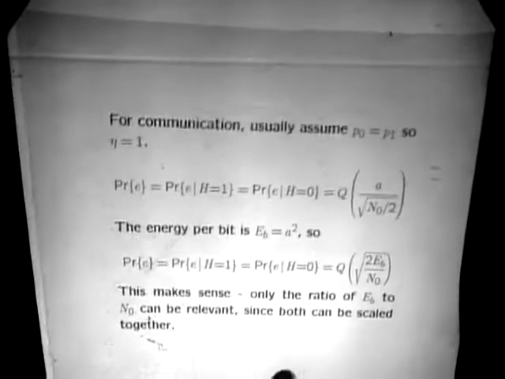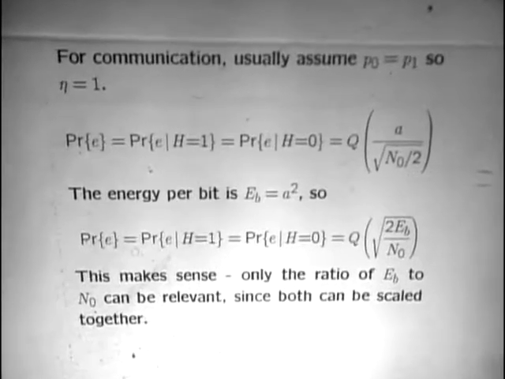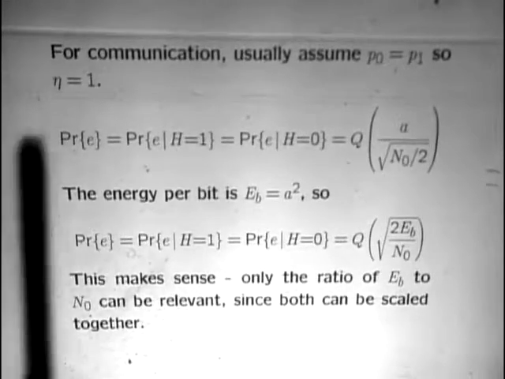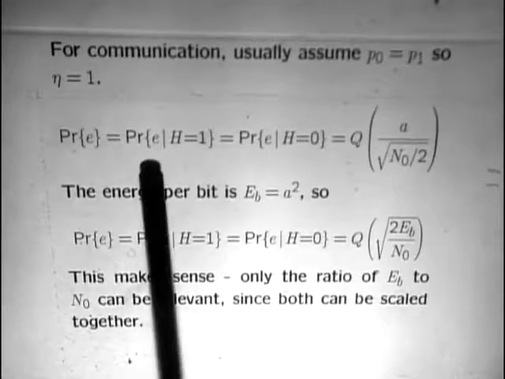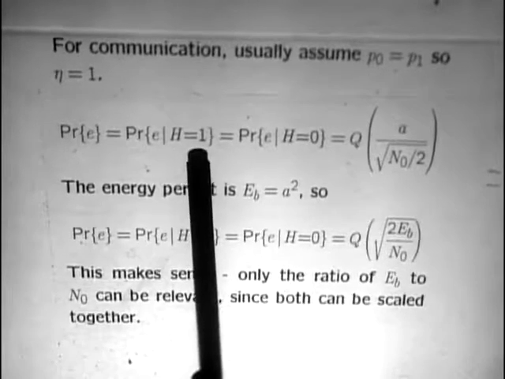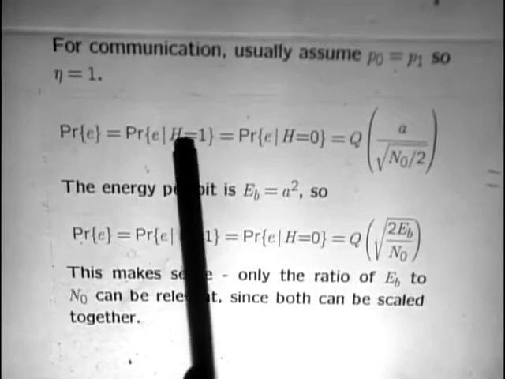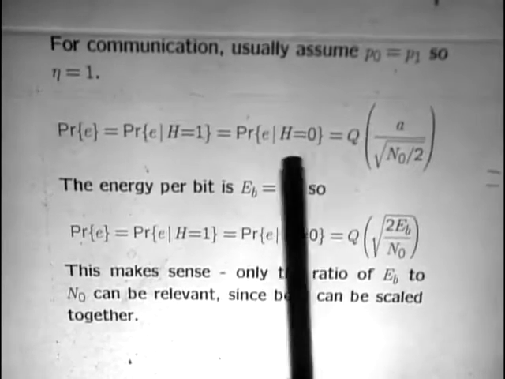Okay, which is what this says. For communication, we assume P0 is equal to P1. So we assume that eta is equal to 1. So the probability of error when h is equal to 1, in other words, when a 1 actually enters the communication system, is equal to the probability of error when h is equal to 0.